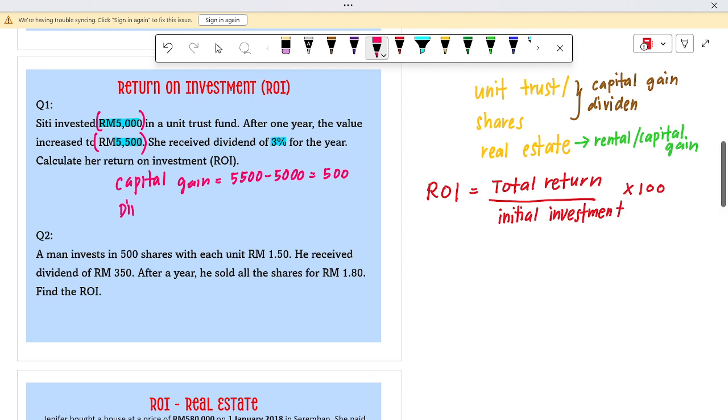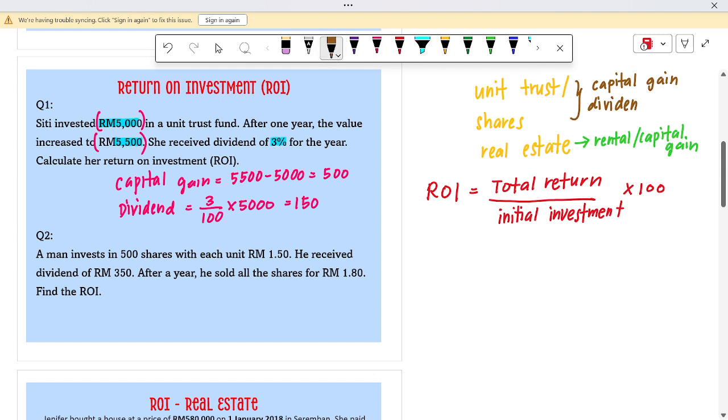Okay. Whereas for your dividend, you receive a dividend of 3%. So 3 over 100 times your initial investment, 5,000 ringgit. So you will get a dividend of 150 ringgit.